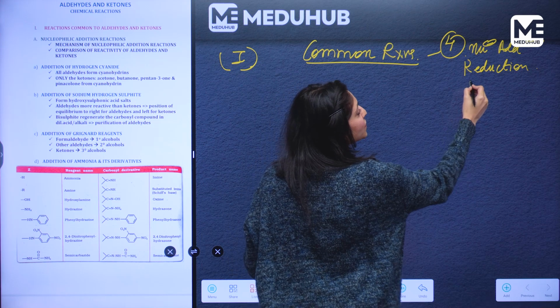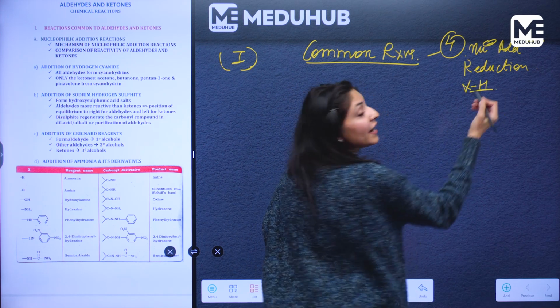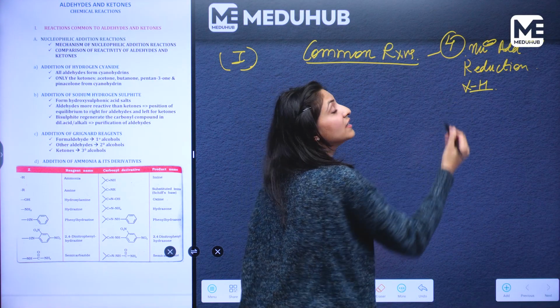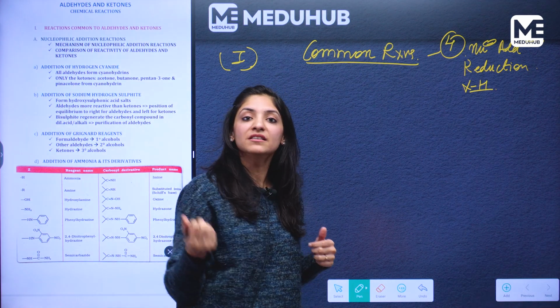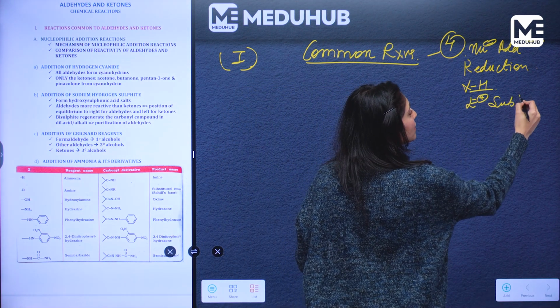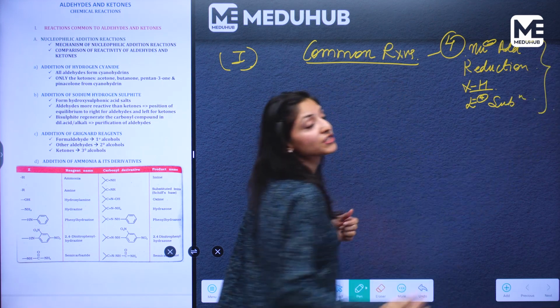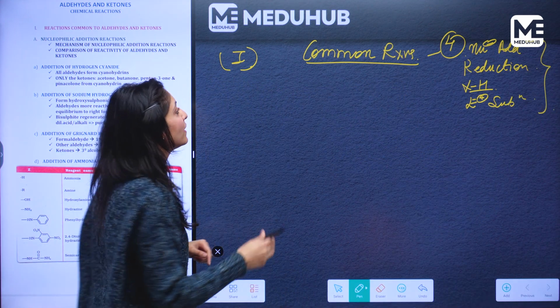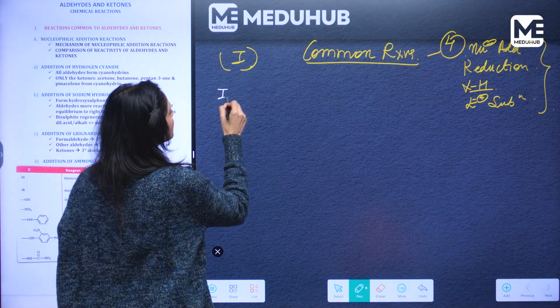Then there are reactions which are due to the acidity of alpha hydrogen. And the fourth category, which is valid for aromatic aldehydes and ketones, is electrophilic substitution. So these are the four types of reactions which are common. We'll start with the first one, that is nucleophilic addition.